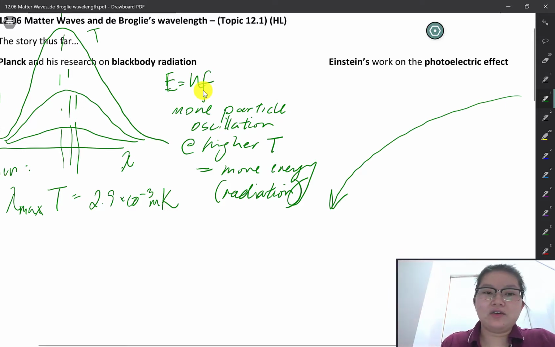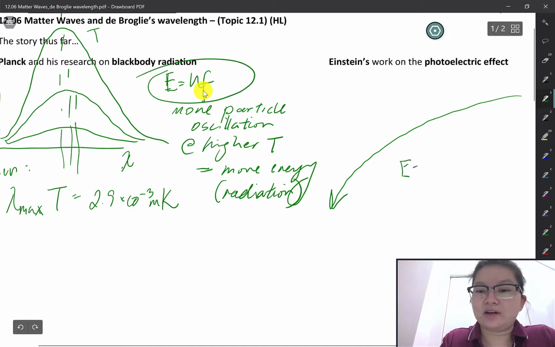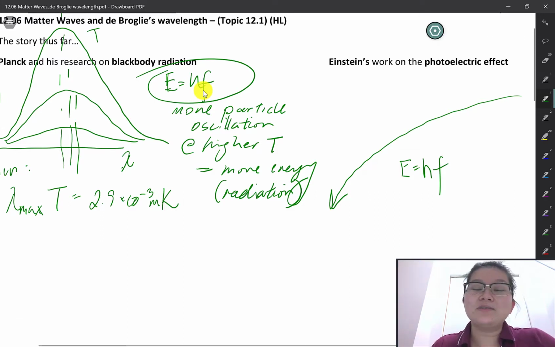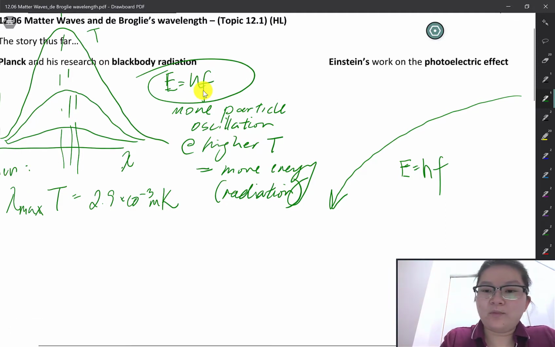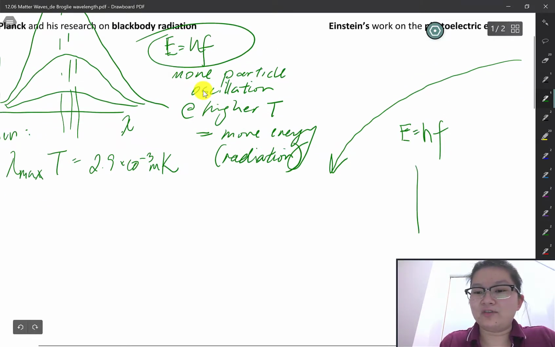So he used Planck's relationship there to describe how light comes in these little packets called photons, carrying quantized amounts of energy that depended on the frequency of the light itself. And he eventually was able to confirm that through his work and looking at the work function of a metal.